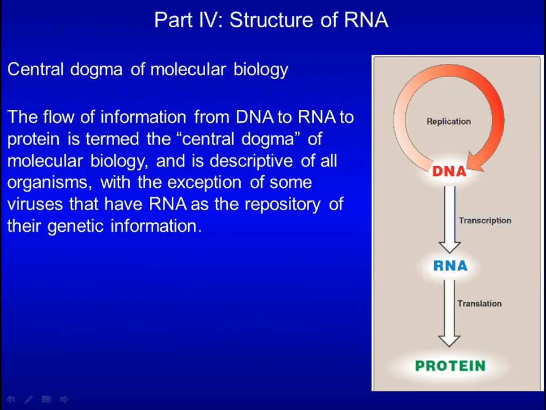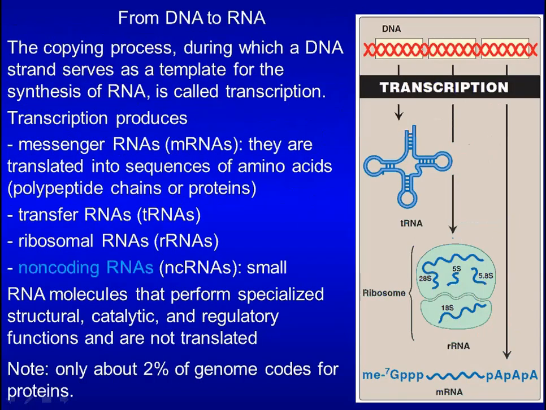As you have seen in Chapter 3, genetic information is passed down from DNA to RNA and then to protein. This sequence of events is called the central dogma of molecular biology. Transcription is the process in which a DNA strand serves as a template for the synthesis of RNA.